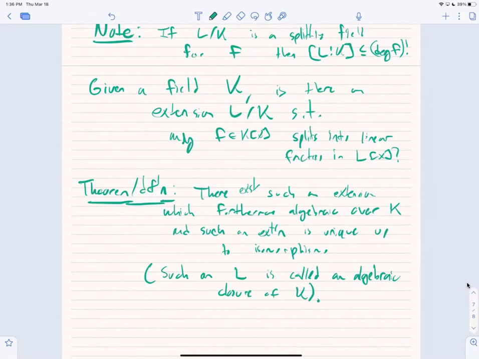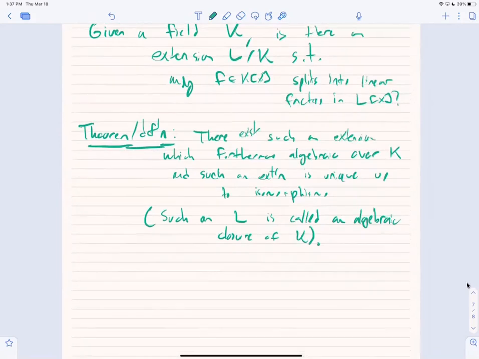Again, the key step in finding such a thing is not the second part, that it should be algebraic over K. That is easy to get once you have an extension where you have all of the splitting. So how do you prove this? First you construct an extension where all polynomials split.